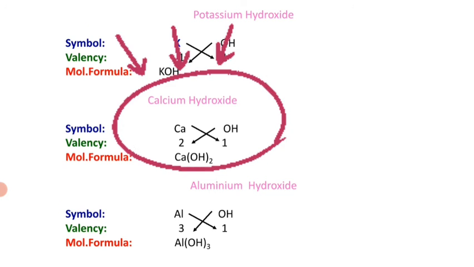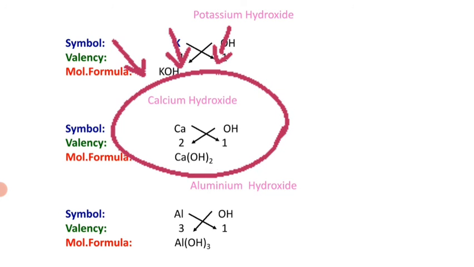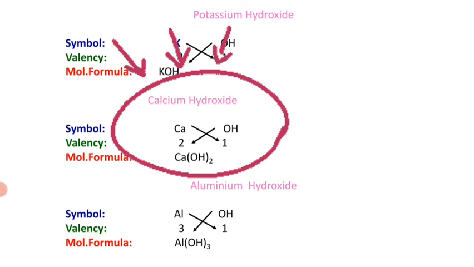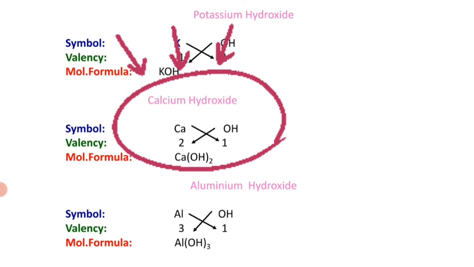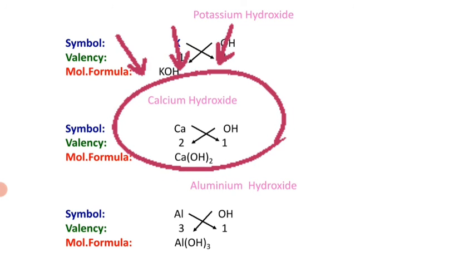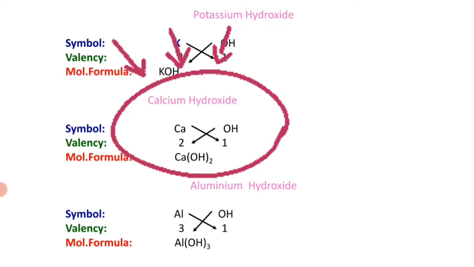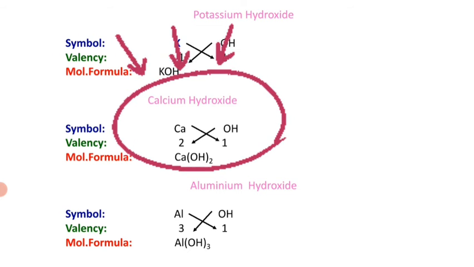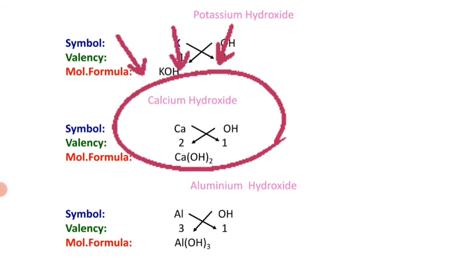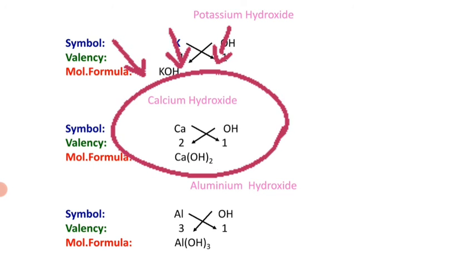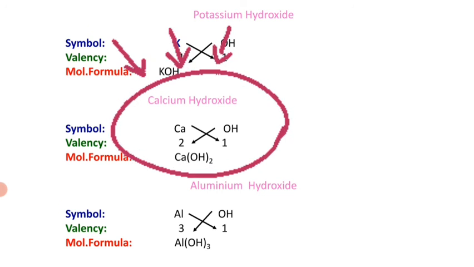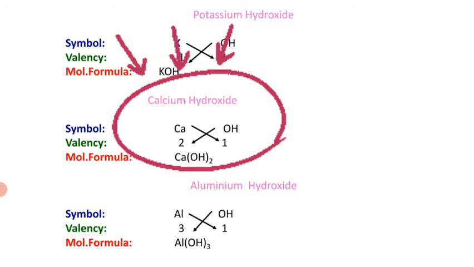Calcium hydroxide. Symbol for calcium is Ca and symbol for hydroxide is OH. Valency of calcium is 2 and valency of hydroxide is 1. When we cross multiply, calcium will take the valency of hydroxide, that is 1, and hydroxide will take the valency of calcium, that is 2.